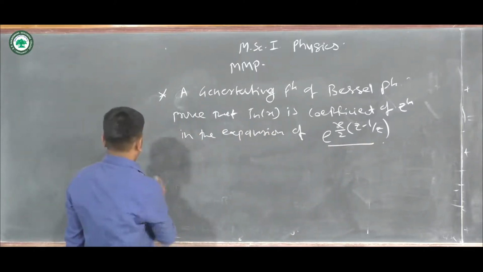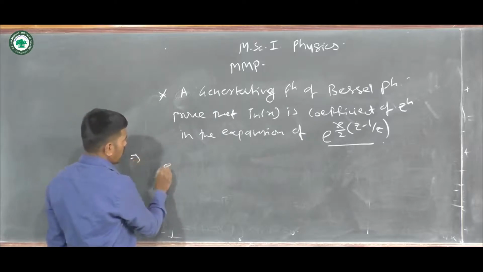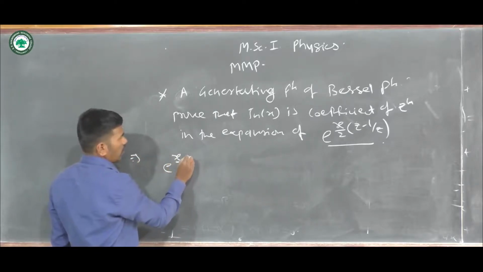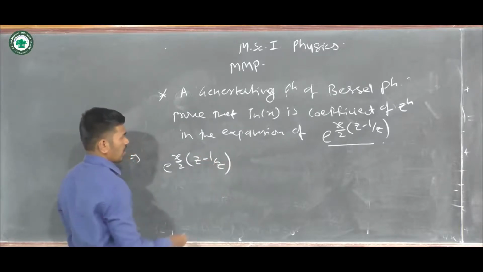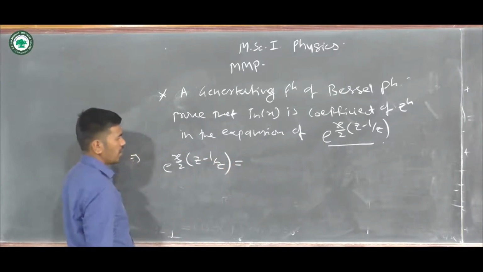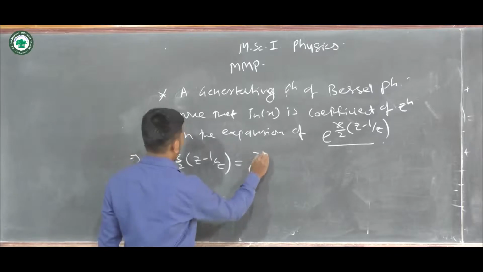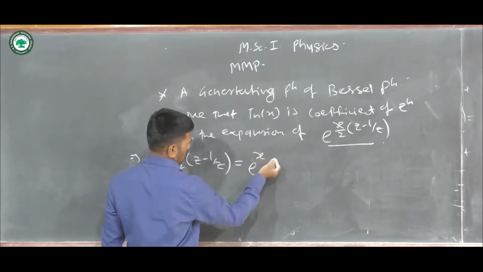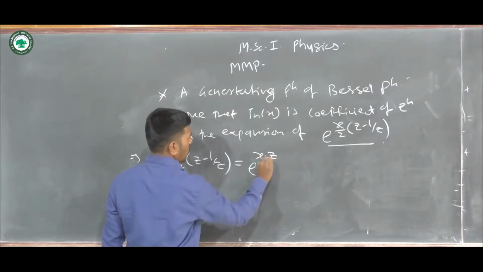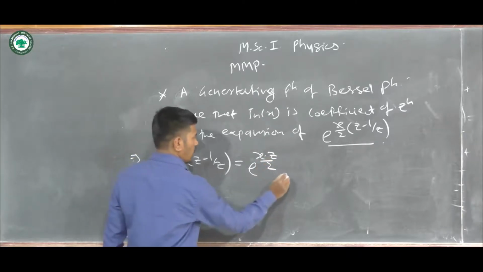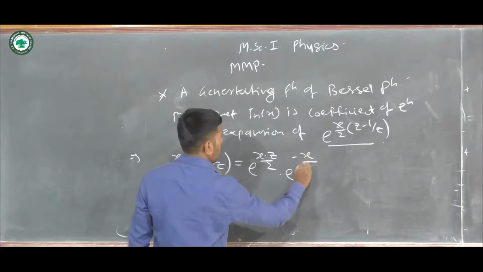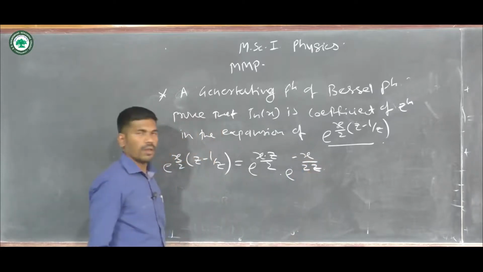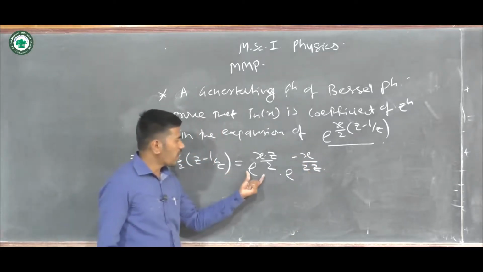So e raised to x by 2 into (z minus 1 by z), we can write as e raised to xz by 2 into e raised to minus x by 2z. Now we separate and expand these.